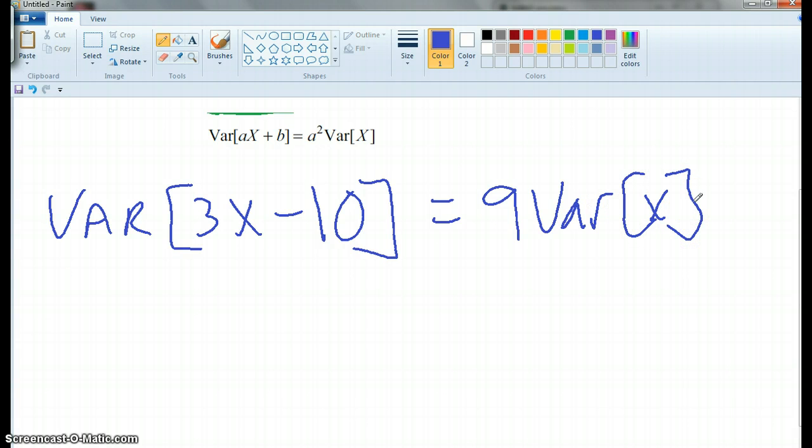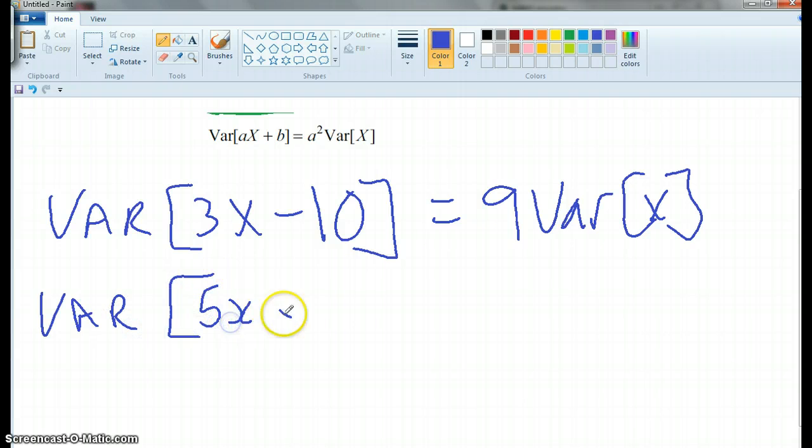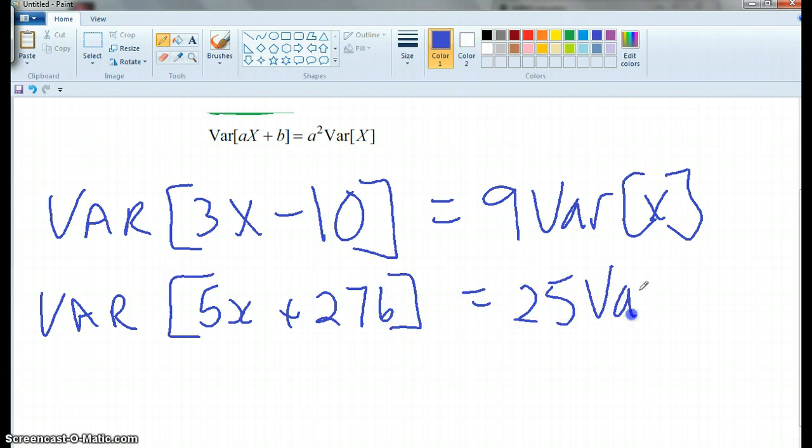If I had the variance of 5x plus 276, that would be 25 times the variance of x. So it'd be always this a comes to the front and is squared, and the b just disappears.